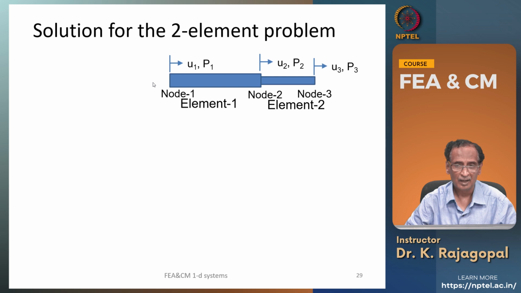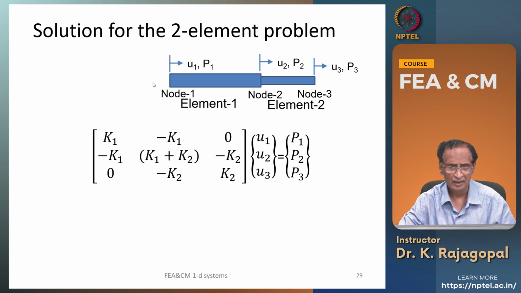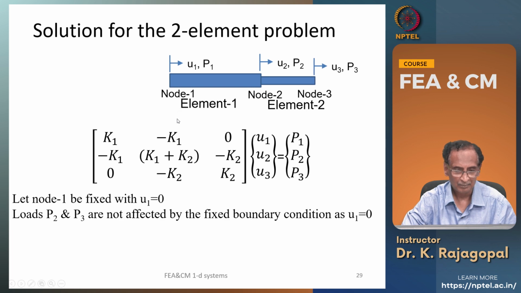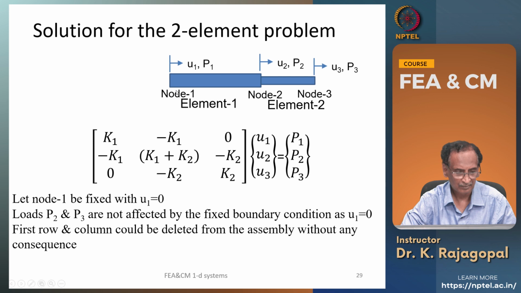Okay. And so, here let us go back to our two element problem. Okay. And let us say that our u1 is 0, okay, and P2 and P3 are not affected because our u1 is 0. So the first row and first column can be eliminated because the P1 is not affected because this displacement is 0.